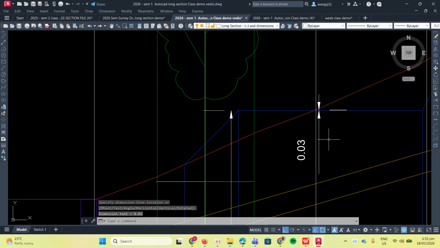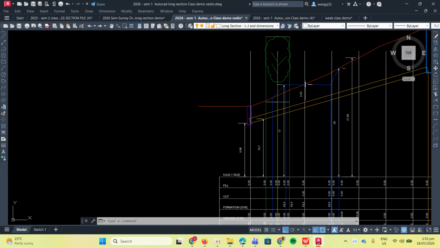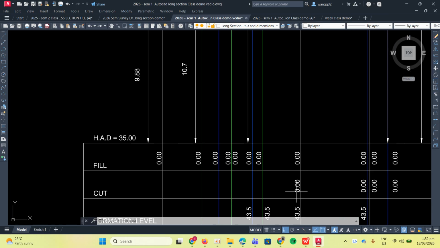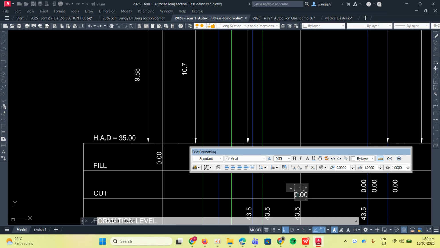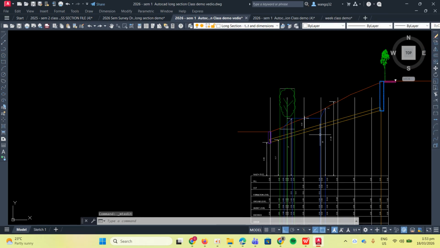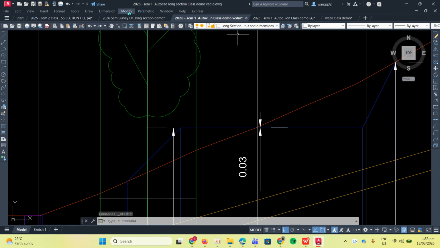Only 0.03, which divided by 2, 0.03 divided by 2 gives us 0.015. So that will be 0.02. And then I need to find the cut around here as well, do I?